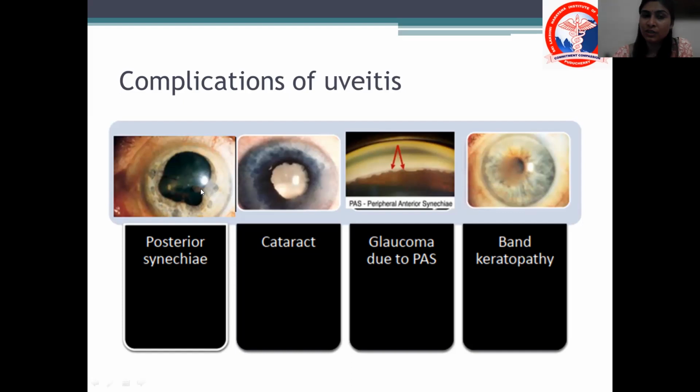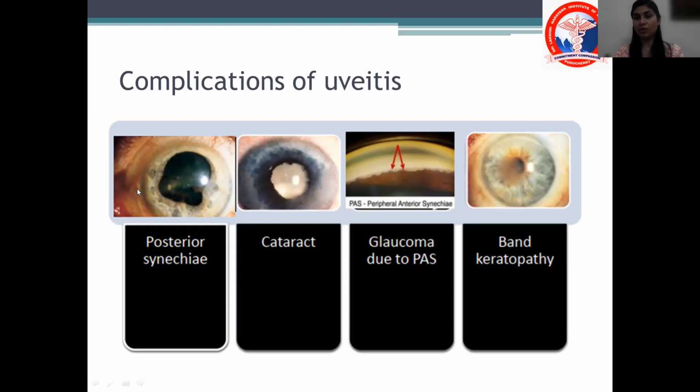They get adhered to the anterior lens capsule, and when we try to dilate the pupil, it becomes festoon shaped, irregularly dilated because of the attachments here. This attachment is due to the inflammation, the exudates which adhere to the posterior surface of the iris and the anterior surface of the lens. These are called the posterior synechiae.